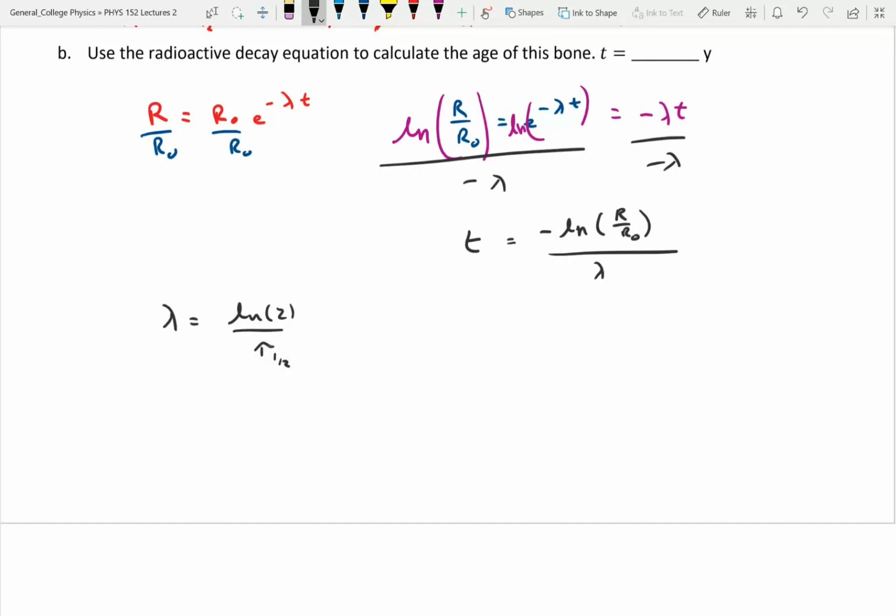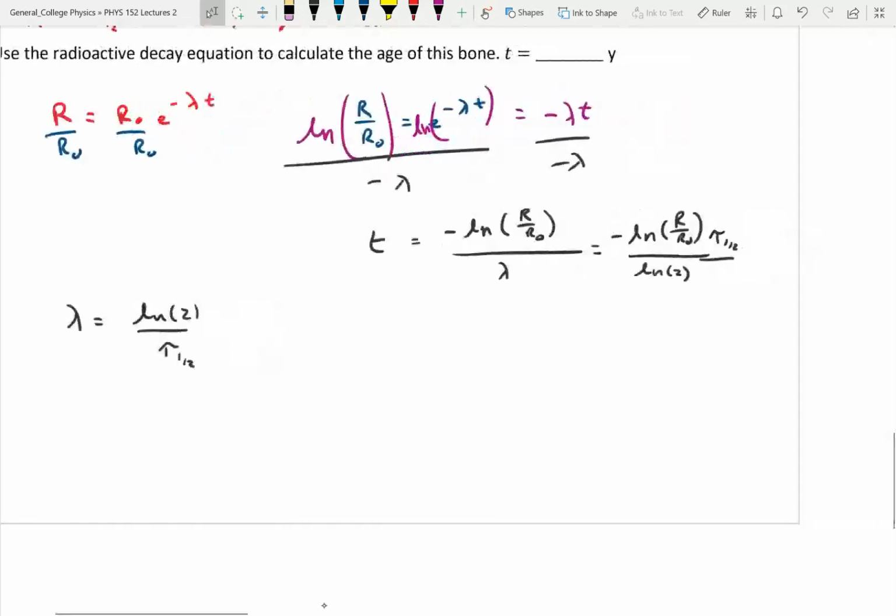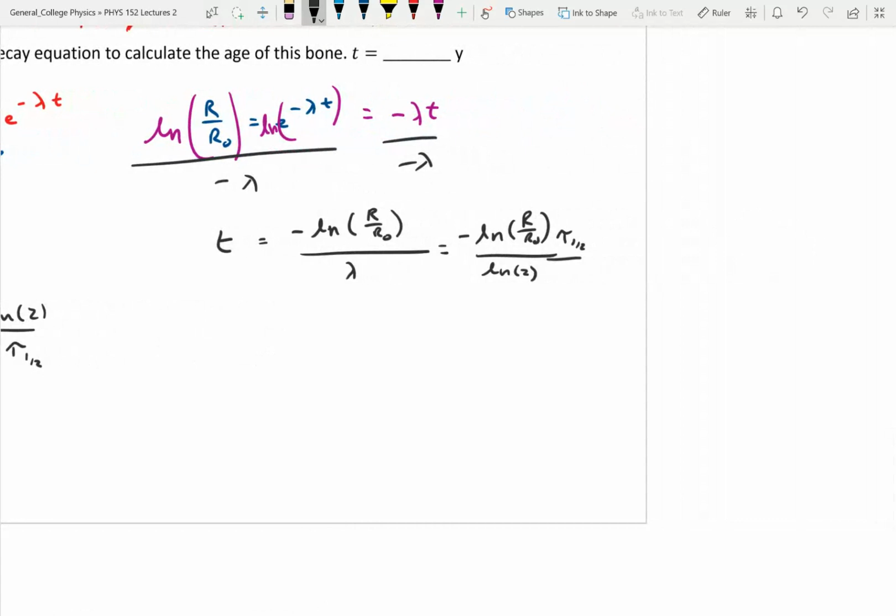So I'm going to actually use this, and notice I have a minus natural log. Well, I can change that. I can make that a plus natural log and flip the positions. So I took the inverse of the argument of the natural log.